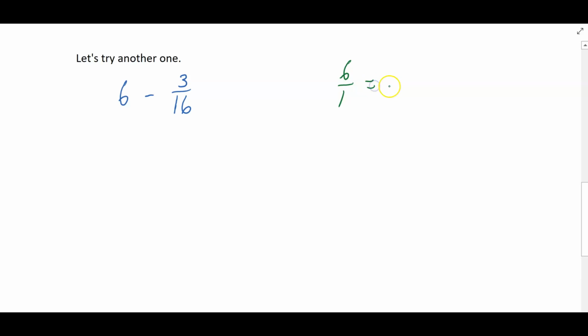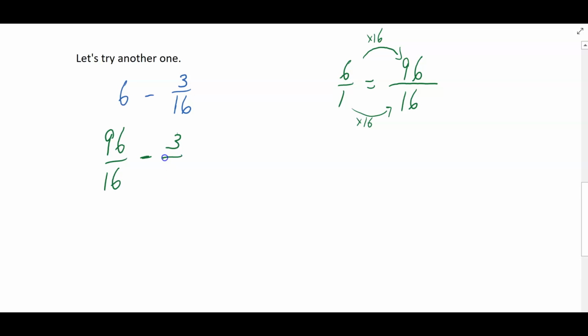What is that as an equivalent fraction over 16? We must multiply by 16, so I must do the same up here. 6 times 16 is 96. 96 sixteenths subtract 3 sixteenths is equal to 96 subtract 3, still keep it over 16, which is 93 over 16.